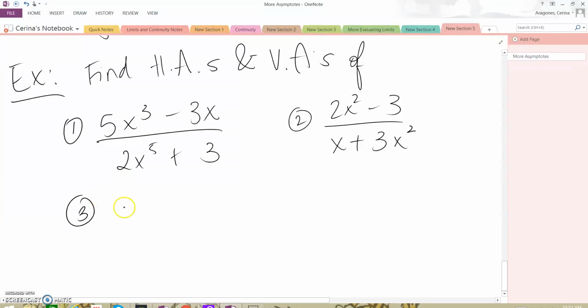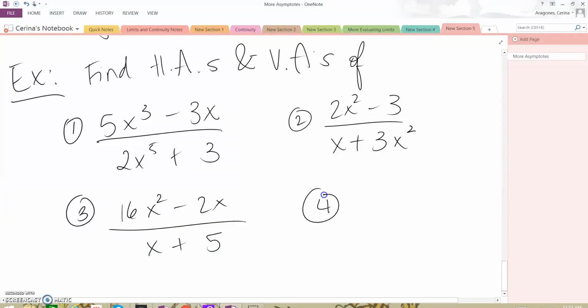Okay, so find the horizontal asymptotes and vertical asymptotes of these 4 functions on your own.